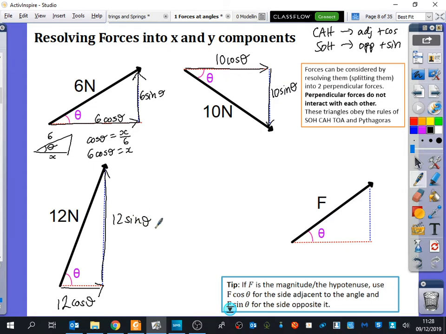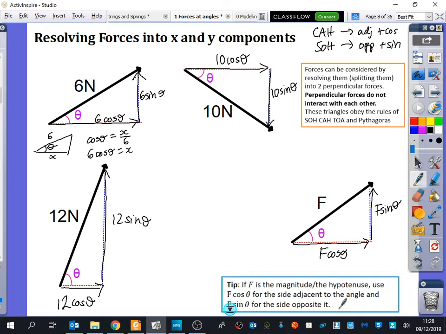So more generally, F can be resolved into 2 forces, which is F cos theta and F sine theta, identified by whether it's adjacent to the angle or opposite the angle, and I've written that down here. If F is the magnitude or the hypotenuse, use F cos theta for the side adjacent to the angle and F sine theta for the side opposite it.